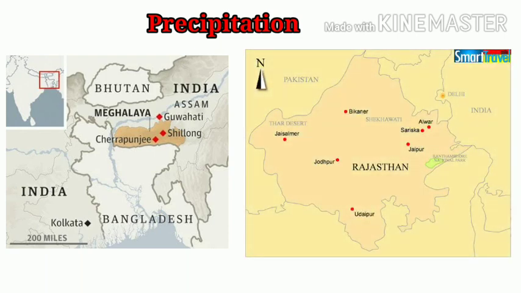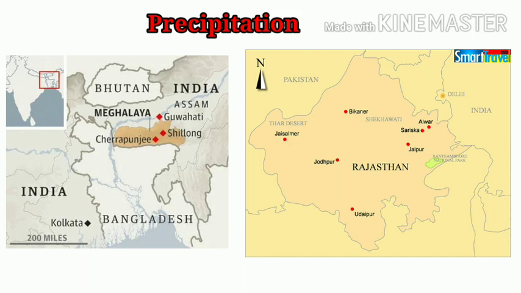Average rainfall is very less. We are talking about Rajasthan. So let's take a look. You can see Cherrapunji and Mawsynram on your screen, in Meghalaya.